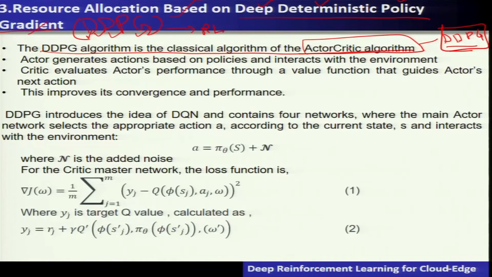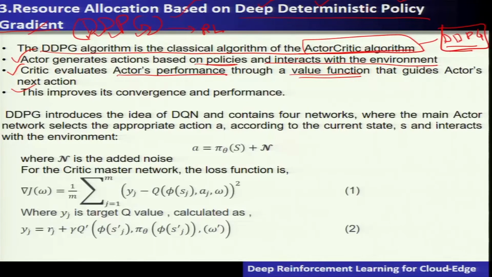When you say actor critic algorithm, the actor will generate the actions based on the policies and interact with the environment, whereas the critic will evaluate that actor's performance through a value function that guides the actor's next action. Now this will improve its convergence and performance.